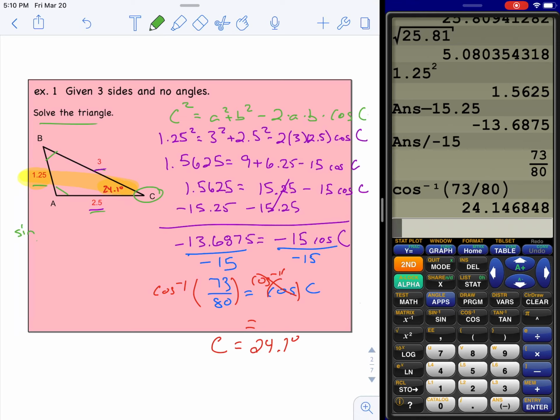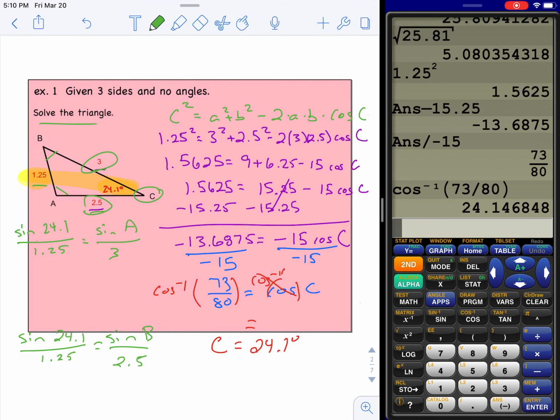So the sine of angle C, 24.1 degrees, over side C, and I'll set it up twice because I'm going to use it to find both A and B, is equal to the sine of angle A over 3, and is also equal to the sine of angle B over 2.5, right?